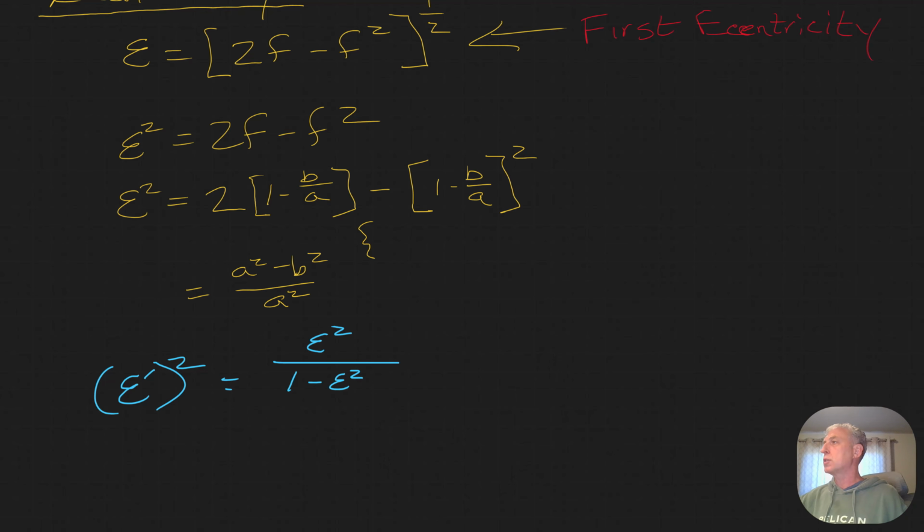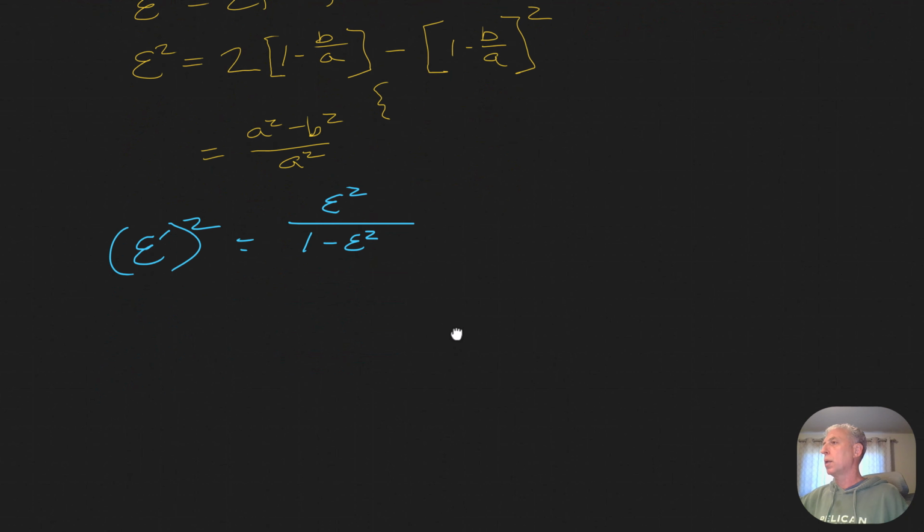So in summary, let me just sum this up so we have everything in one place. Ellipsoid parameters. Defining parameters.